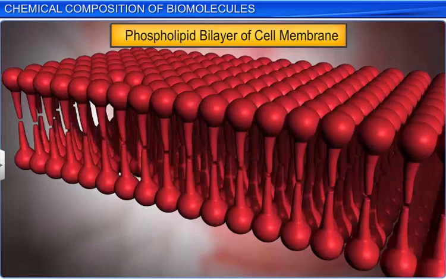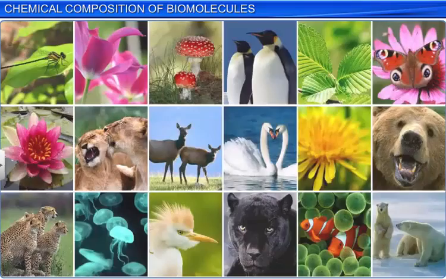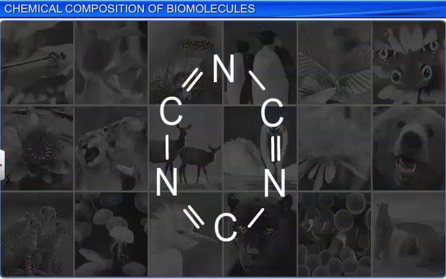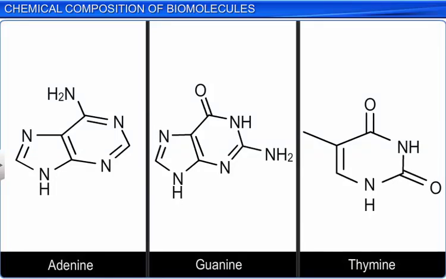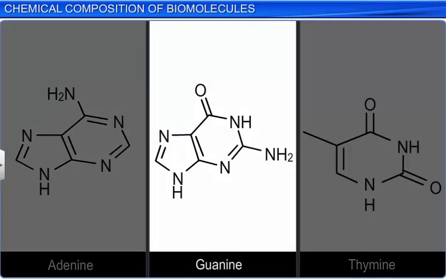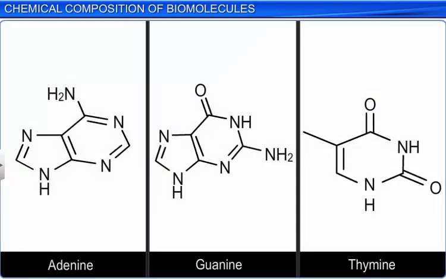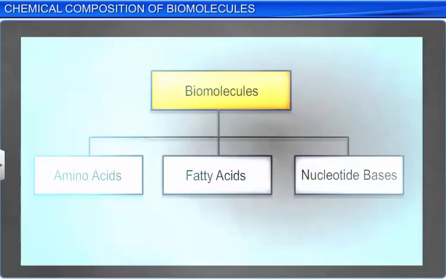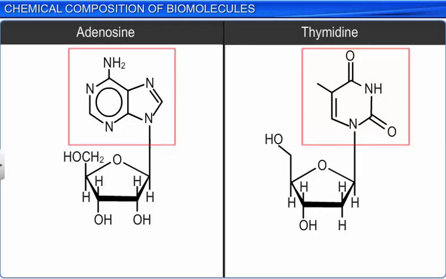Living organisms also have many carbon compounds with heterocyclic rings, such as adenine, guanine, and thymine. These compounds are called nucleotide bases, and they are important biomolecules. When carbon compounds with heterocyclic rings are attached to a sugar, they are called nucleosides.